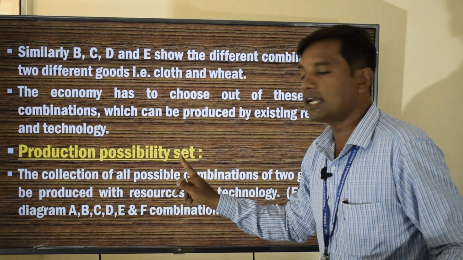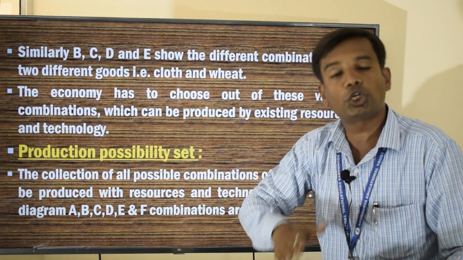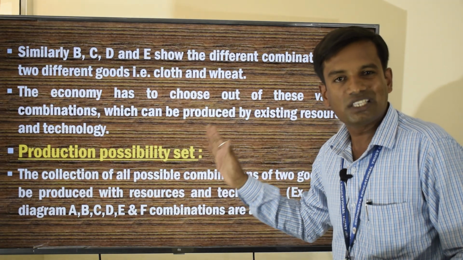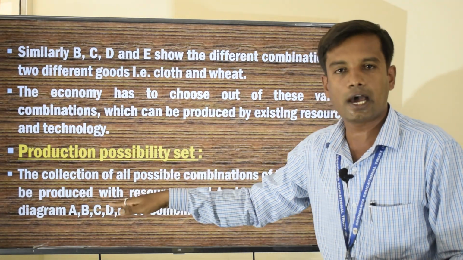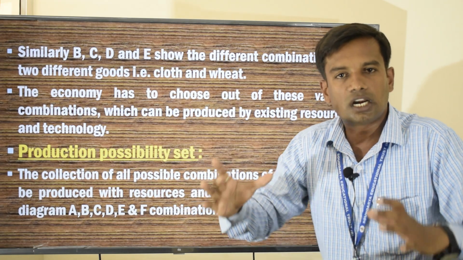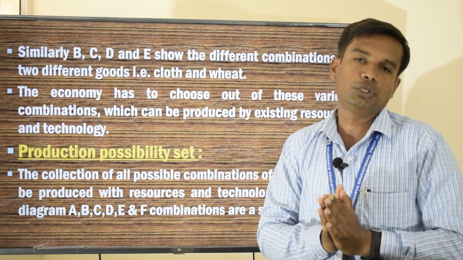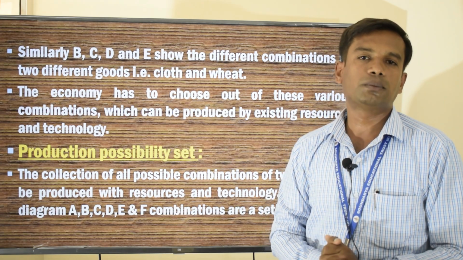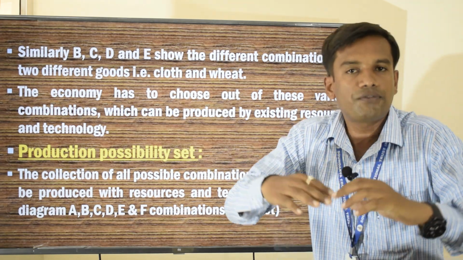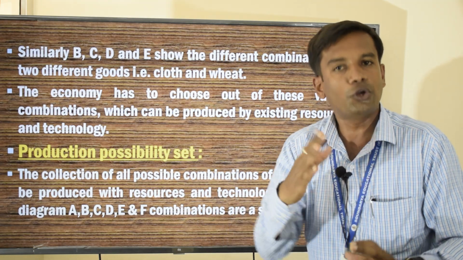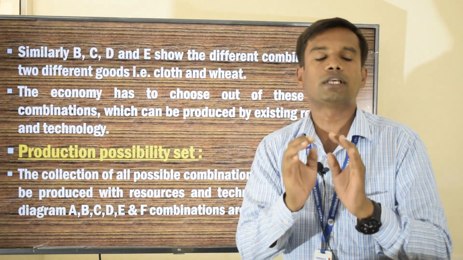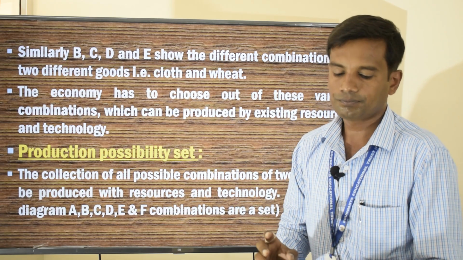Production possibility set represents the collection of all the bundles. What we studied in the previous slide, all the 6 combinations come in the collection of bundles. So together we call it a production possibility set. There are different combinations we are producing with the help of resources and the technology.